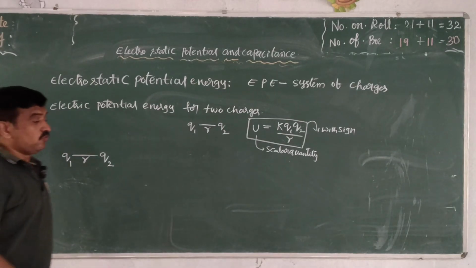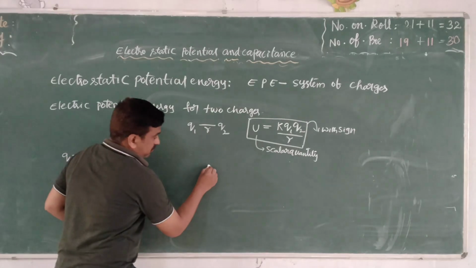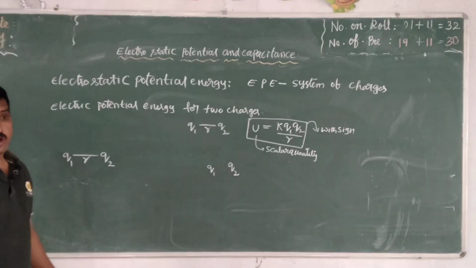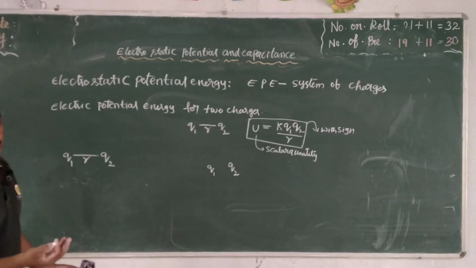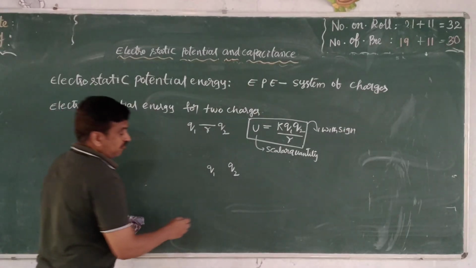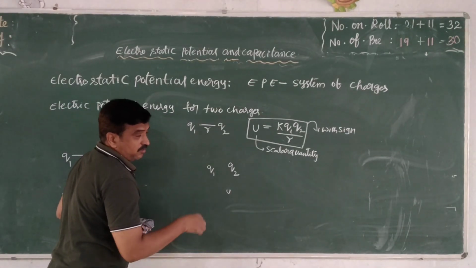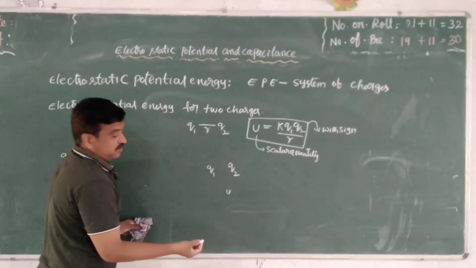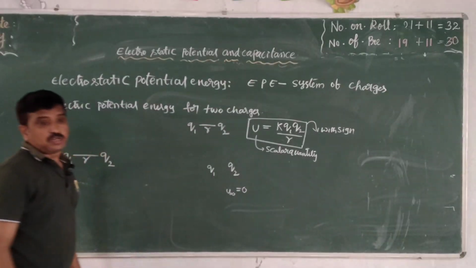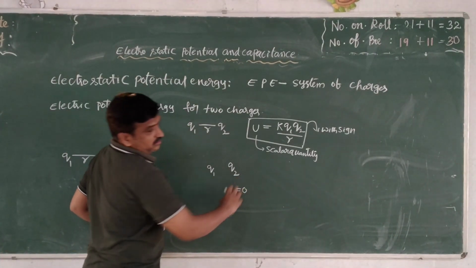For that, we consider a system of charges at infinity. The potential energy of charges at infinity is 0.